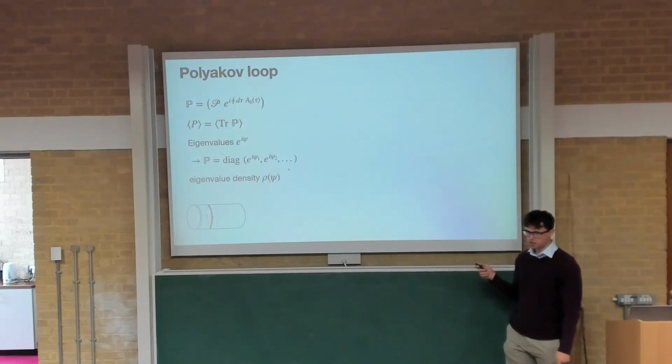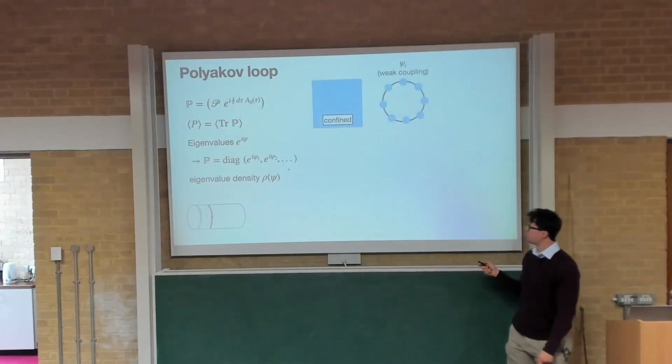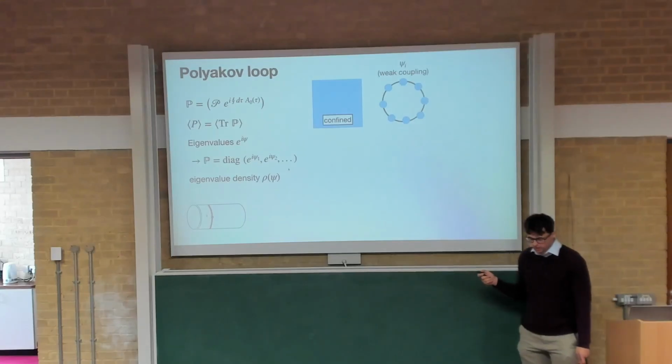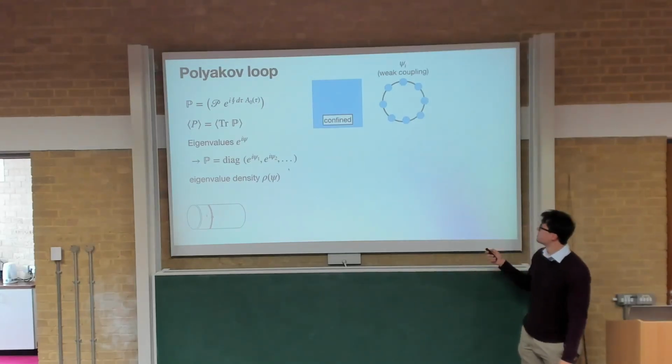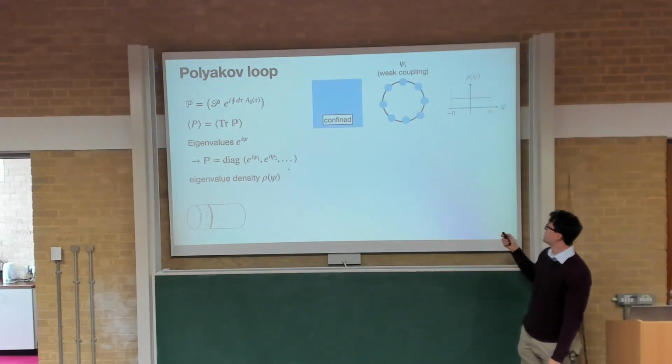In the large N limit, instead of treating all these eigenvalues separately, we'll have a density of eigenvalues. In the confined phase, it's known that the eigenvalues will be center symmetric, and this will be represented in the density by a uniform distribution of the eigenvalues.